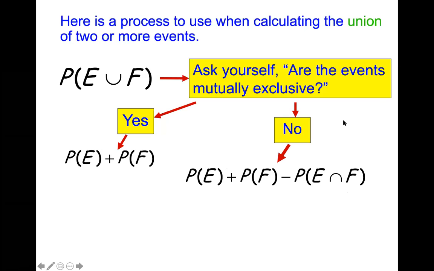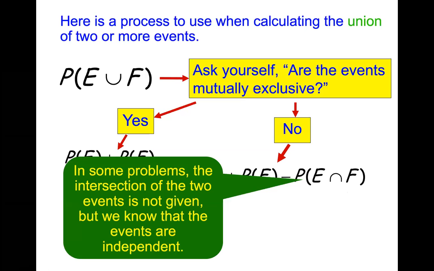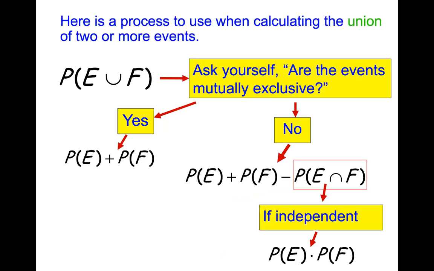Now here's a follow-up. In some problems, the intersection is given, like our country jazz example. They just give you that. In some problems, they don't give that to you, so you need to find it. You can use the first formula from today to find that.